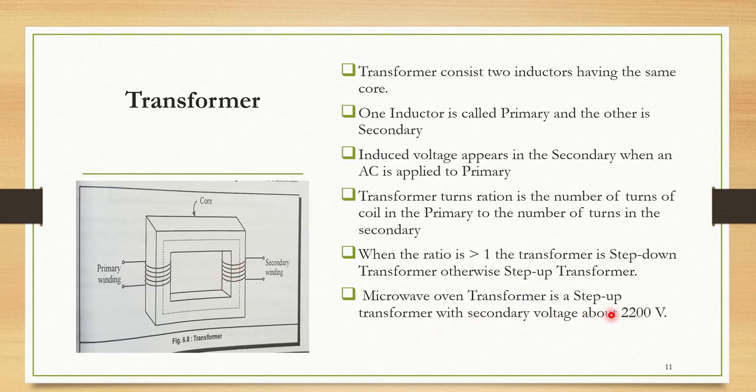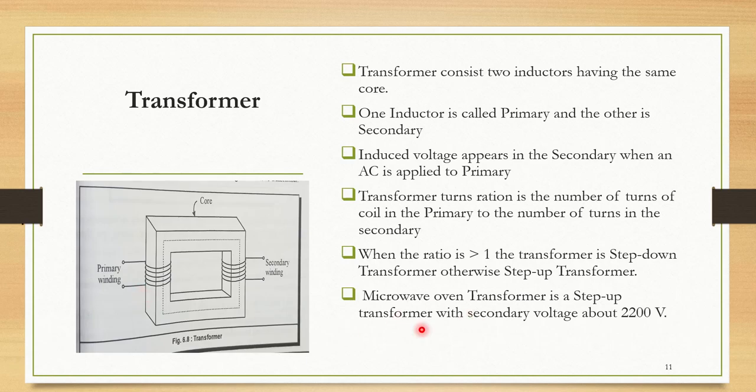A microwave transformer is a step up transformer with secondary voltage about 2200 volts. You may know that the microwave you use in your kitchen needs a very high voltage. It generates 2200 volts, whereas the input is 230 or 220 volts.